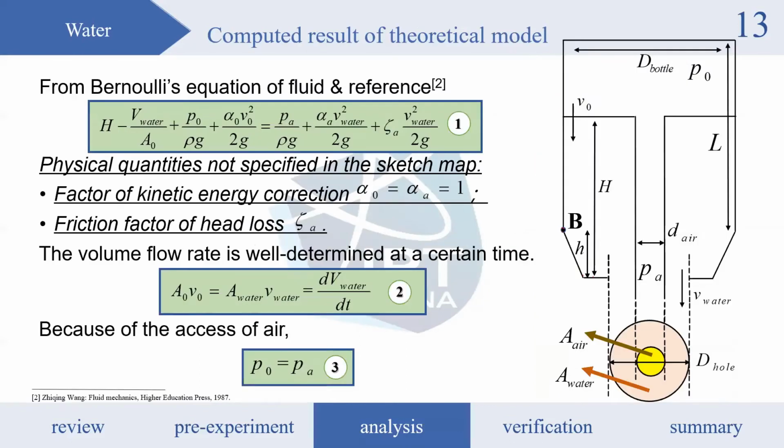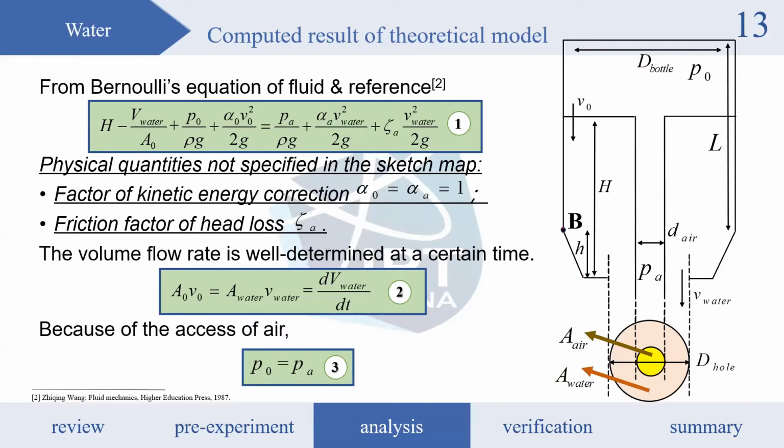Using the assumptions, we can abstract the problem into the sketch map. We only analyze the time of process 2, and most of the parameters are labeled on the map. Firstly, we get the first equation from Bernoulli's equation of fluid. Physical quantities not specified in the sketch map are a factor of kinetic energy correction and the friction factor of head loss.